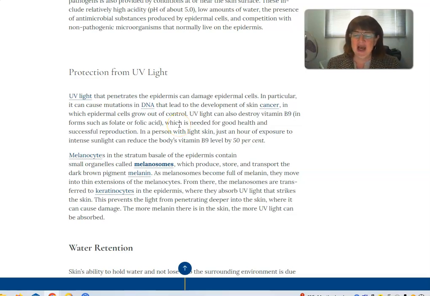All different skin tones have the same number of melanocytes, and melanocytes produce a special chemical called melanin, and then the melanin will move to the top and help protect. This is why when you get suntanned, you get darker, because it is your body trying to protect you, which is humorous because a lot of people think that a suntan makes you look healthier. However, a suntan is really your body's way of saying, protect me from UV light.